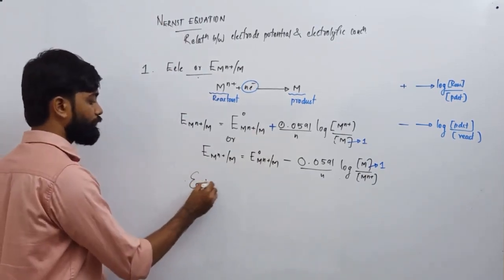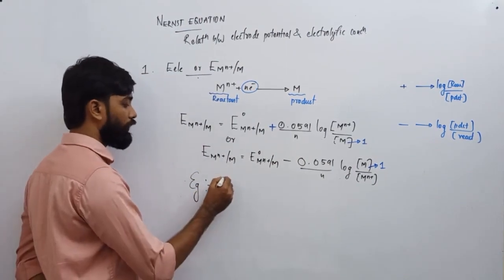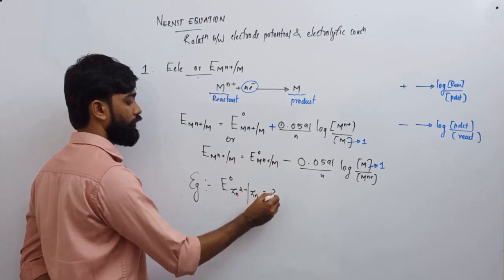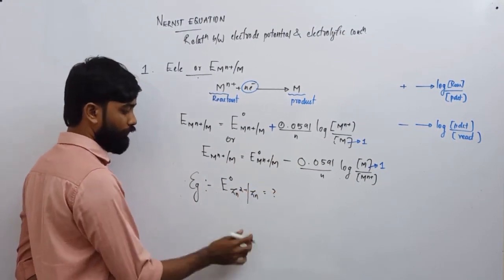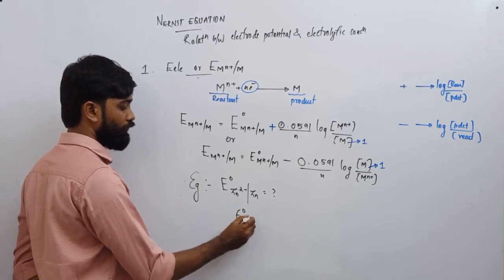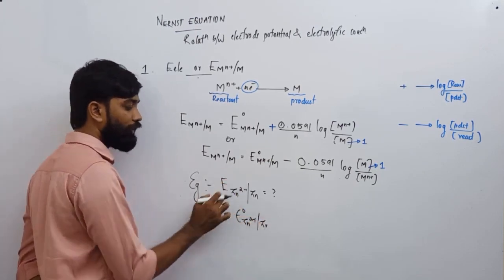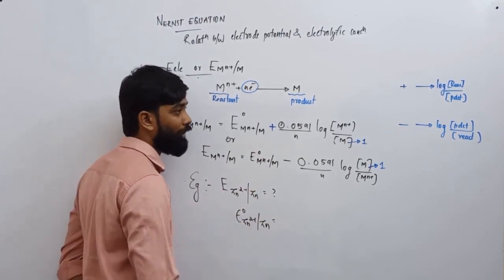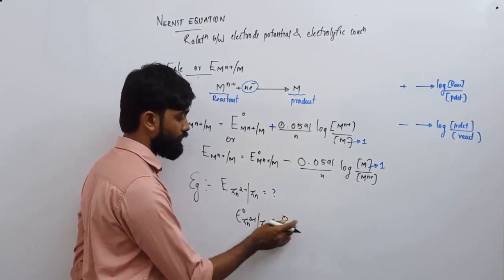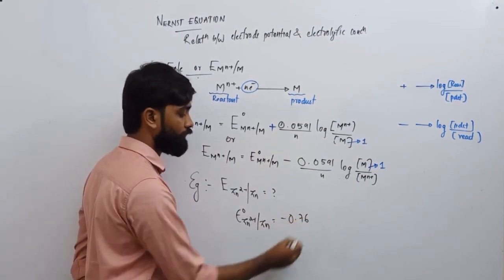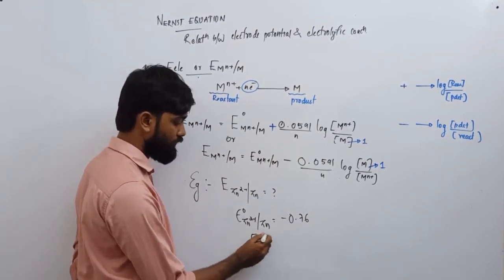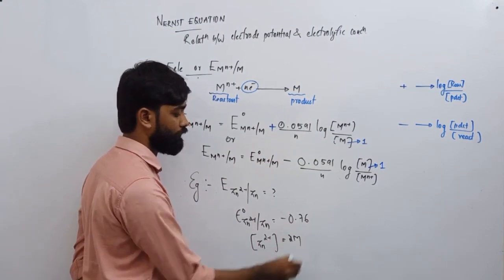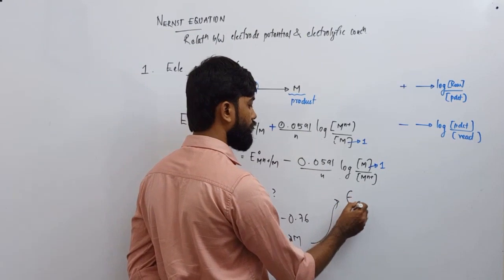For example, if I want to find the electrode potential of Zn2 plus bar Zn, how much? If its standard electrode potential from the electrochemical series is given as minus 0.76, and the concentration of Zn2 plus is simply 2 molar, what will be the electrode potential?